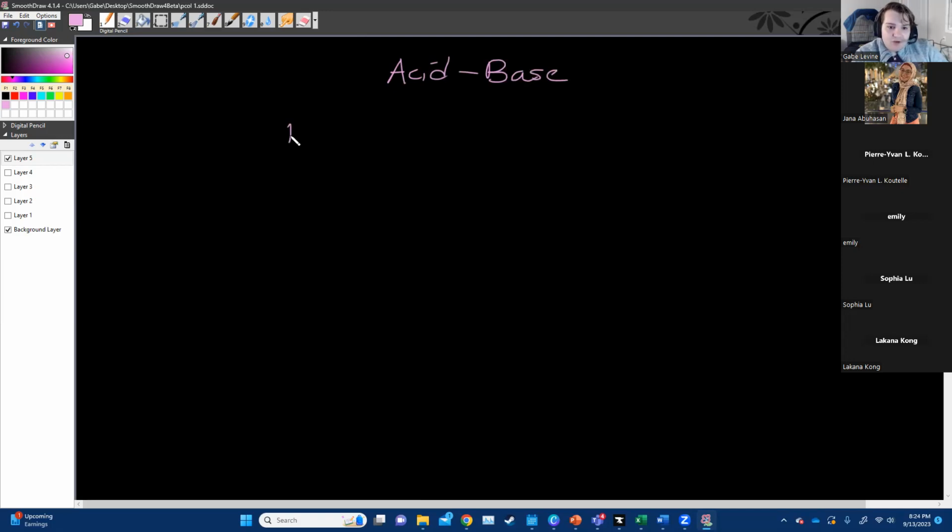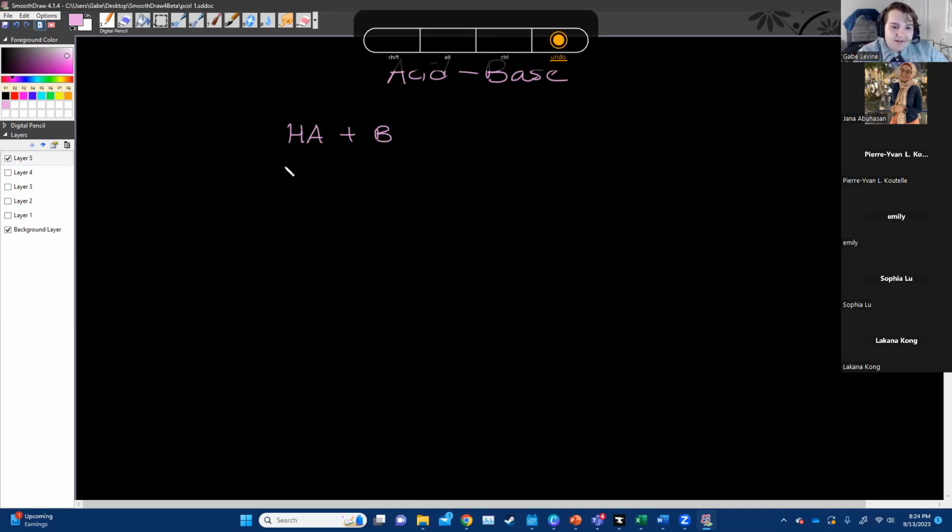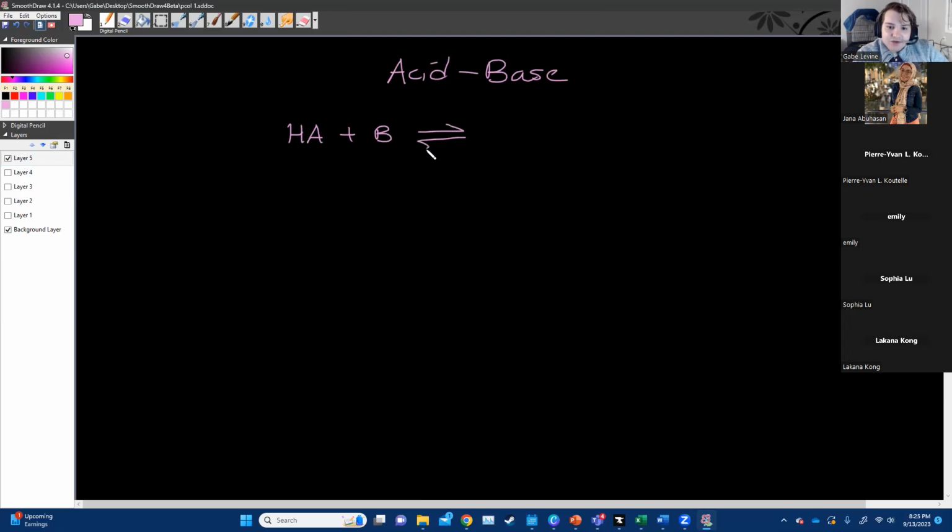If you remember all the way back from Gen Chem, we have this general formula where we have an acid plus a base, and the acid donates the proton to the base, and then it can go back and forth, back and forth, back and forth.